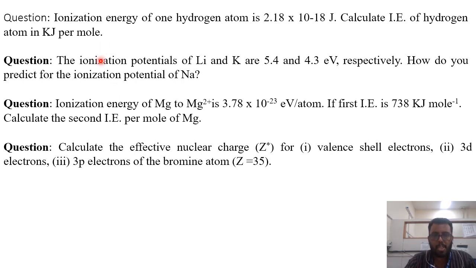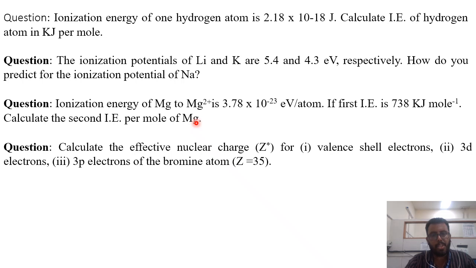And there are also other numerics like ionization potentials will be given, and you have to predict the ionization potential of the following atoms: lithium, sodium, potassium. So sodium is in between lithium and potassium. You have to calculate the trend, that is the ionization potential. And ionization energy of magnesium to magnesium cation, that is 3.2. The first ionization energy they have given.